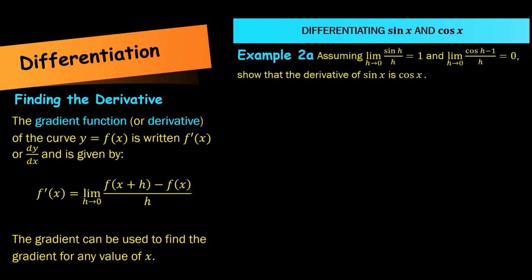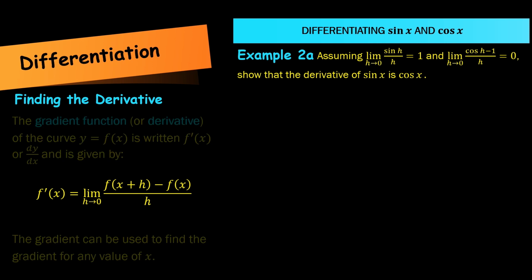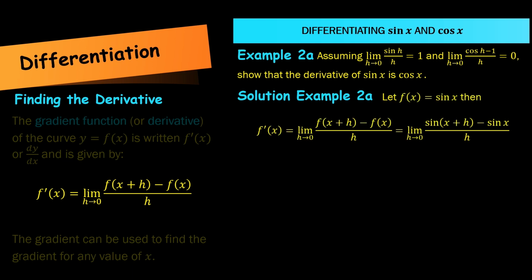Let's take a look at part A first. Assuming the small angle approximations shown, show that the derivative of sin x is cos x. So let's solve this. We're going to begin by letting f of x equal sin x, and then apply this to our formula for the derivative.